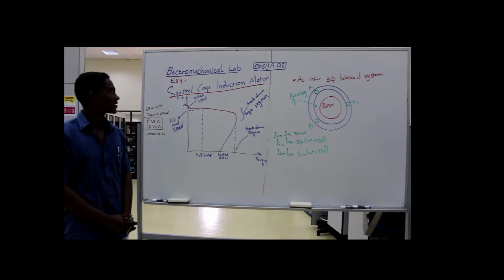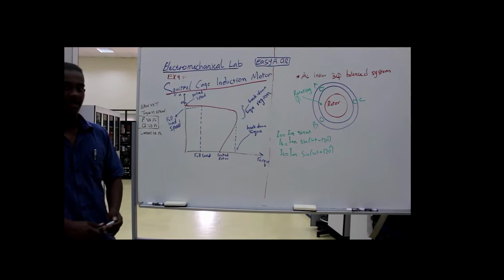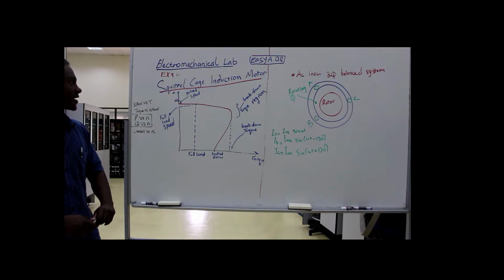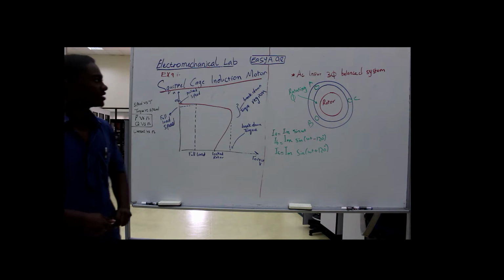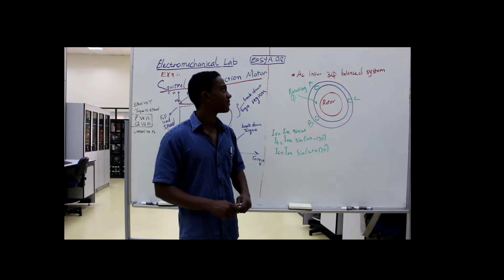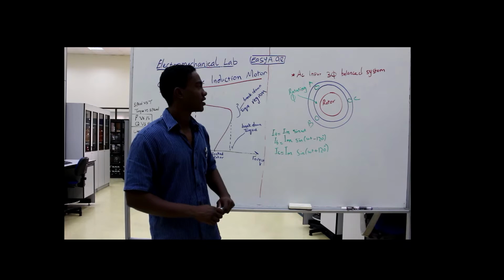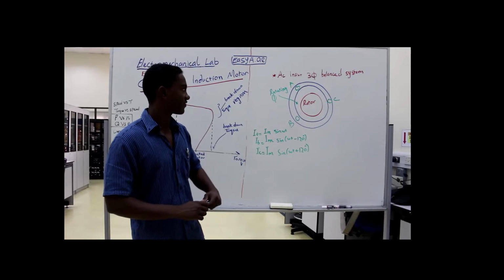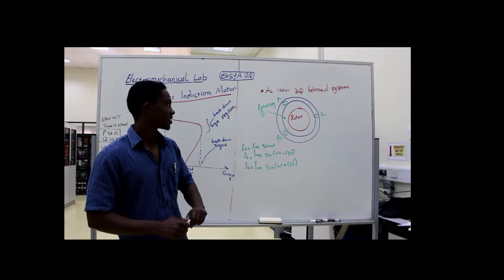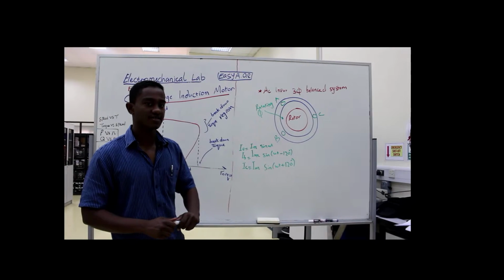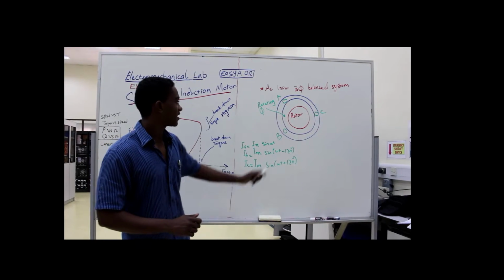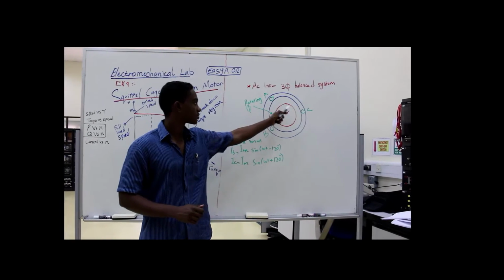Today we're going to explain experiment number 9 of Electromechanical Lab, which is the squirrel-cage induction motor. The squirrel-cage is actually an AC input, three-phase balanced system. So the input is a three-phase AC voltage, and because we have three-phase AC input, we have three poles at the motor.